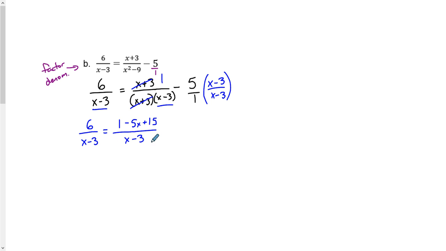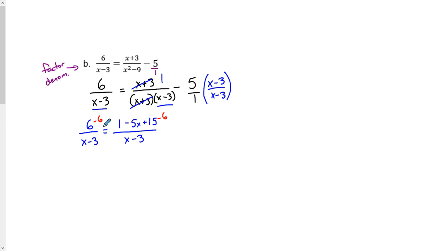It doesn't matter which side we get to 0 because you notice that there's no x squareds. I mean, a negative x might not be your favorite, but it's going to save me a lot of writing if I just subtract the 6. Once again, our denominators are the same.